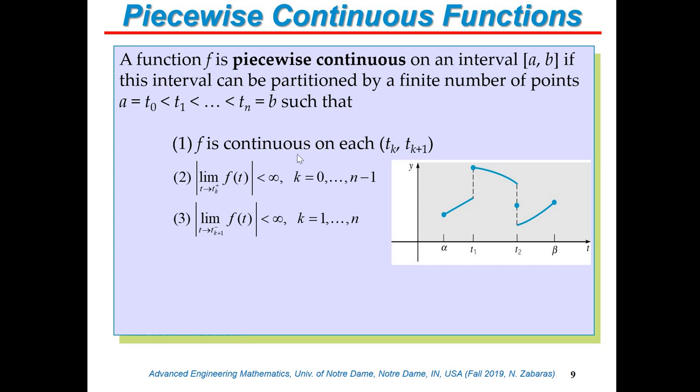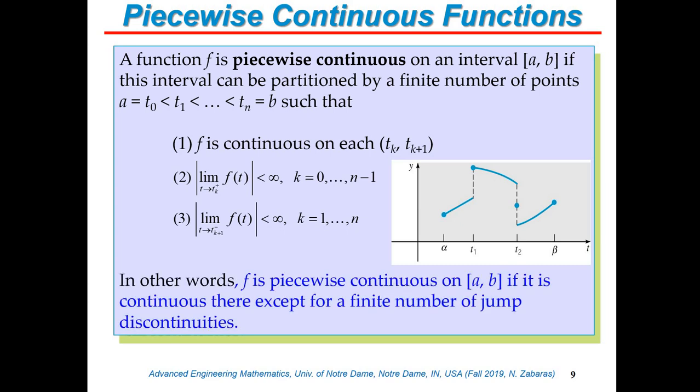If those three requirements are satisfied, we say that the function is piecewise continuous on the interval from A to B. Those will be very important functions, allowing for finite discontinuities in the domain, but in each piece the function we consider will be continuous.